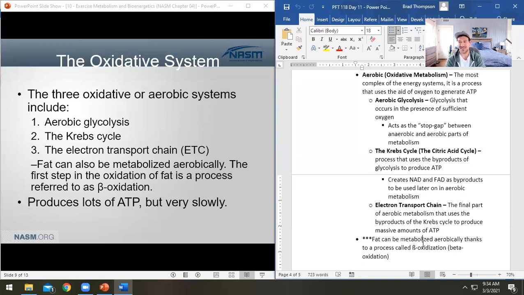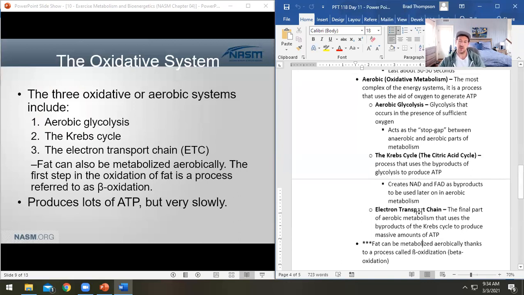Any of the leftover carbon is going to get slapped onto oxygen, and any of the leftover hydrogen is going to also get slapped onto oxygen. You're going to be left with a little bit of carbon dioxide and a little bit of water as byproducts. But that spits out crazy high amounts of ATP.